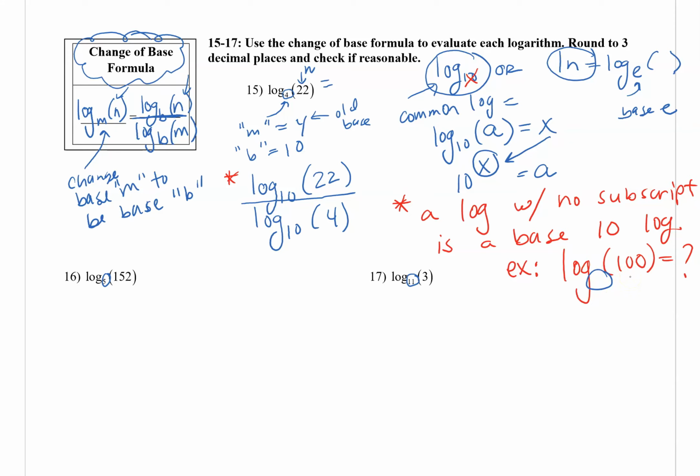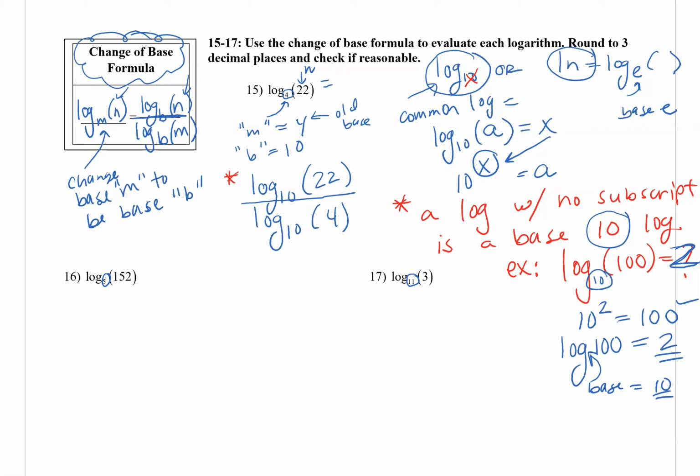When you don't see an index on a root, we know it's a square root. It's the default. Well, base 10 is the default for log. So we understand that's a base 10, and this would equal 2, because 10 to the power of 2 is 100. You can try it right now on your calculator. If you type in log of 100, the result it'll pop out is 2, because the base of that log, though it's not written, is 10.